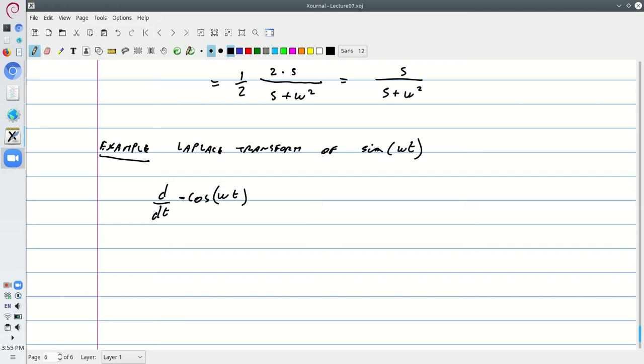So if we take the derivative of minus cosine of omega t, this is going to be sine of omega t, but let's remember that we need to multiply by omega. So if we divide this by omega, we find that the derivative of minus cosine of omega t divided by omega is the sine of omega t.